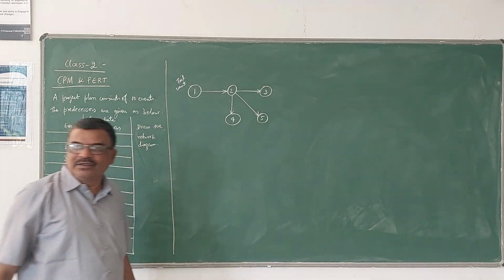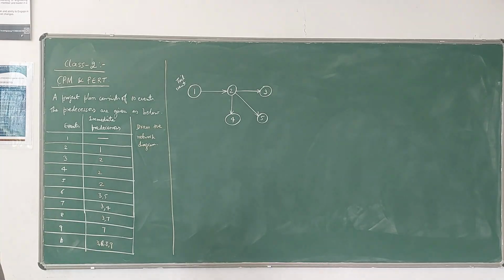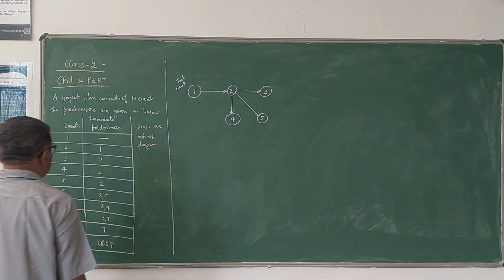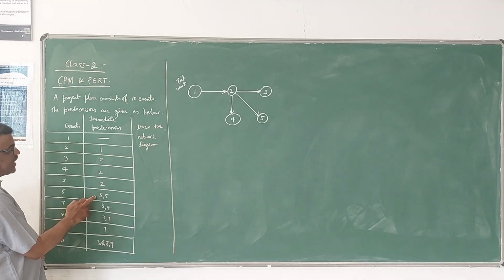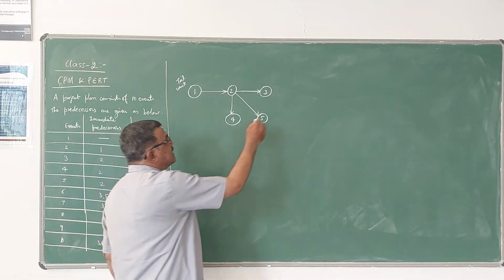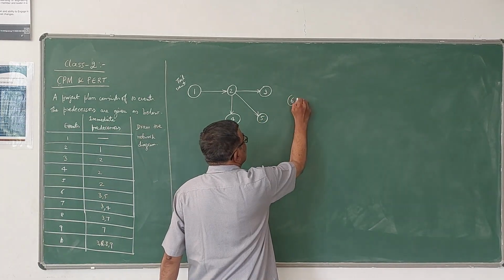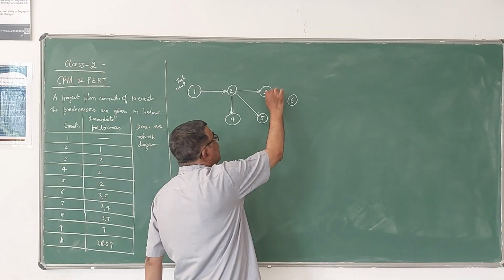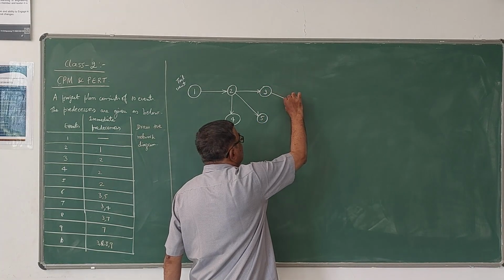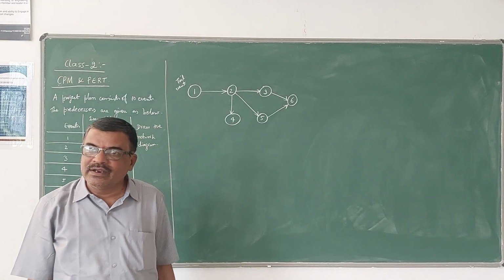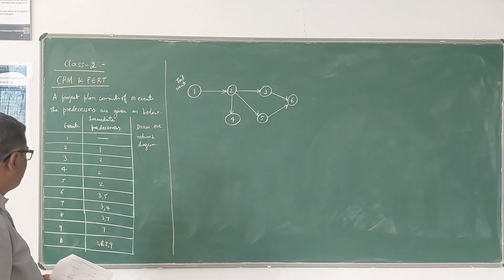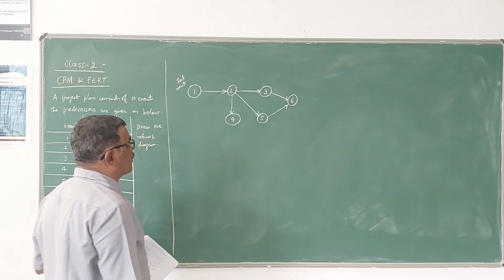Before starting 5, 2 should be completed. Then for 6, it is 3, 5. See, 6 is here. Before starting 6, 3 should be completed, and 5 also should be completed. That is 6.